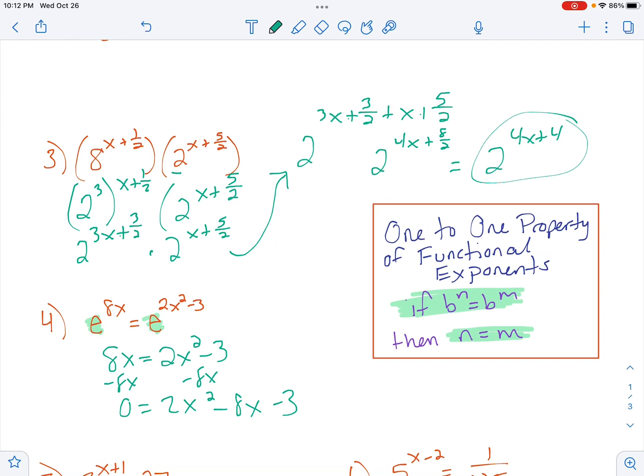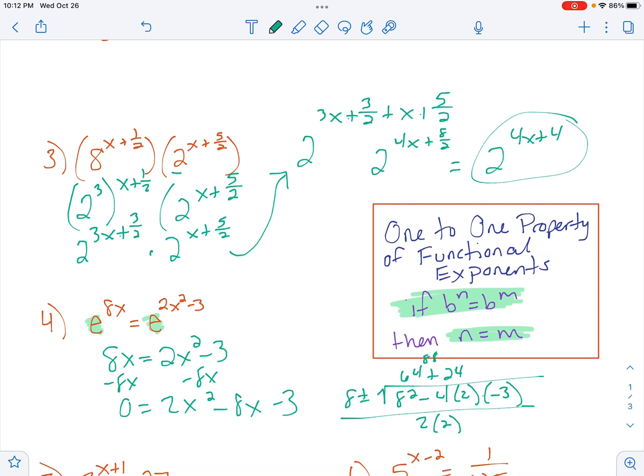So we have the opposite of b plus or minus the square root, b squared minus 4 times a times c, all over 2a. That'd be 64 plus 24, which would be 88.